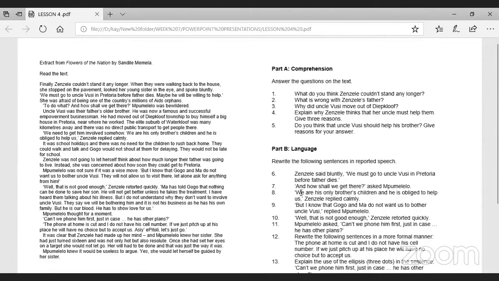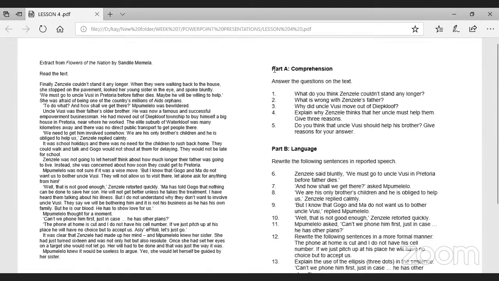Okay, so basically, Zenzele couldn't bear seeing her father being ill and not doing anything about it. She was afraid of being an AIDS orphan. So Portia, you can give yourself a mark. That is still fine. It's correct.